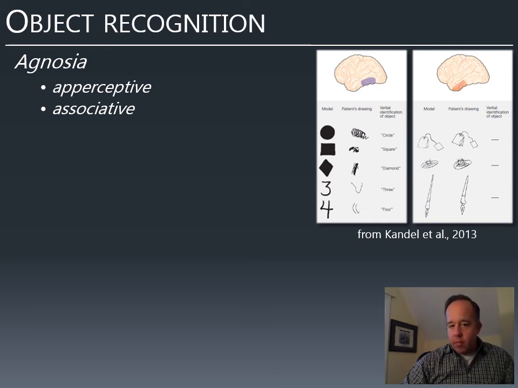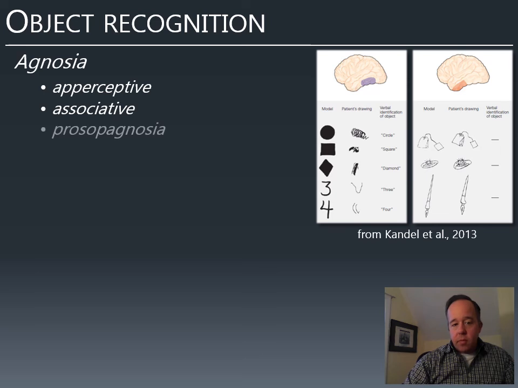You can't name them. And so that, again, is the ventral stream. It goes from primary visual cortex down along the underside of the occipital lobe and into the temporal lobe. So depending on what stage in that process you disrupt, you either can't recognize the basic elements, but you can name it, give it a complex meaning, or you can't give it a complex meaning, but you can recognize the basic elements.